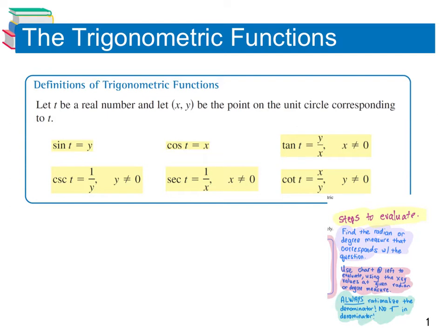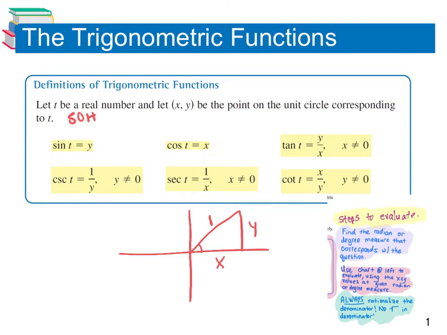So if we have our right triangle here, this is y, this is x, and this is our angle that we're looking at. Sine is opposite over hypotenuse. Our opposite would be y, and our hypotenuse is 1. So the sine of t would be y over 1, or just y. Cosecant is the reciprocal, so we would just flip it.